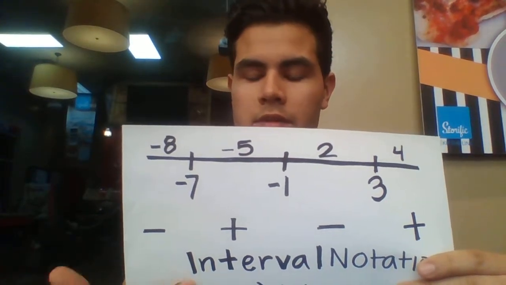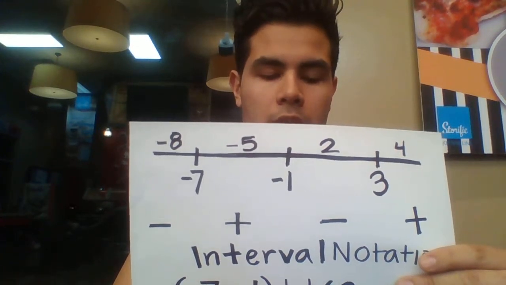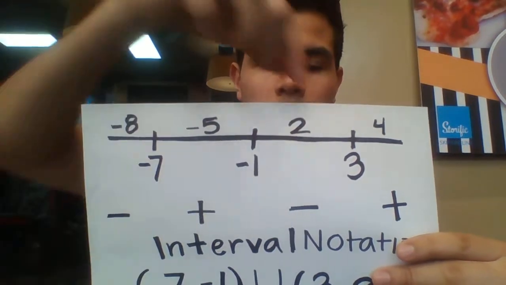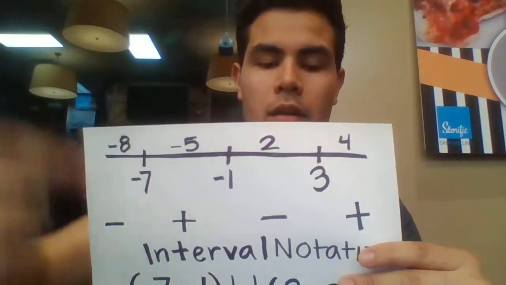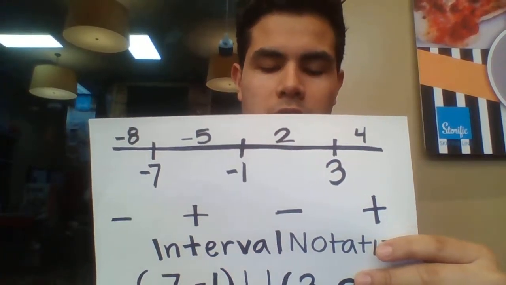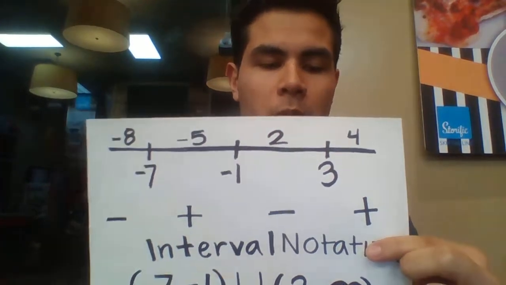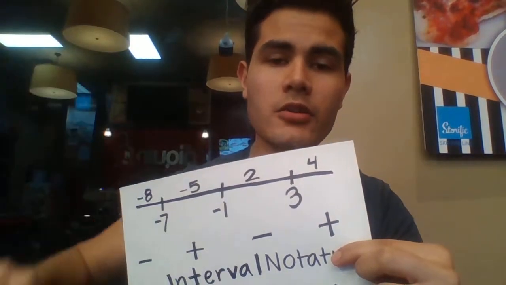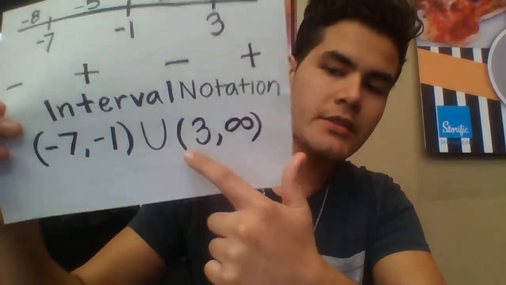So this would be negative 7, comma, negative 1, and then we're going to have, because the 2 is a negative, we're not going to include anything past 3, so it's going to be 3, comma, to infinity, because, again, everything is greater than 0. And so this is your answer.